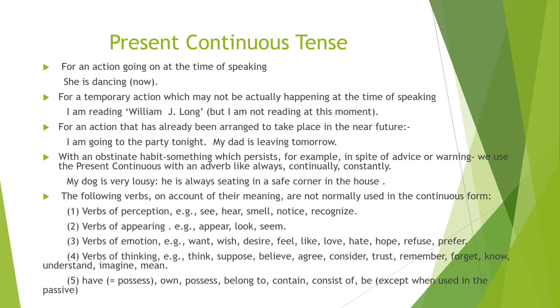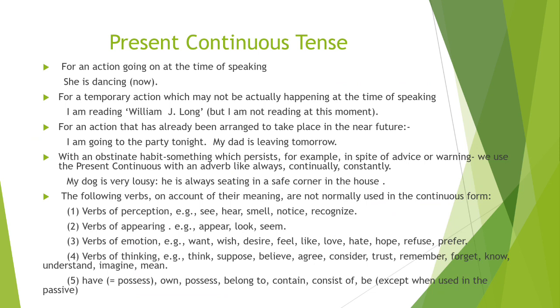Now we use this tense when we are speaking about obstinate habits, some habits which are not right, which we can say are just stubborn habits, or when we talk about these habits in a complaining way. Like if you do not do your homework, or are always sitting in a very dull mood, I'll say he is always sulking.